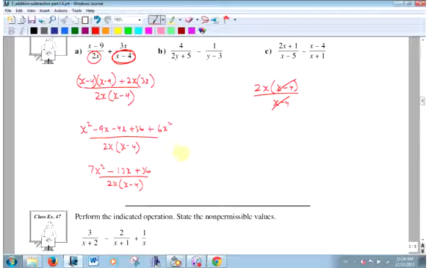So, it turns out that's what I got. Okay, that's not going to factor down. What can't x be? It can't be 0, and it can't be 4. What about the top?